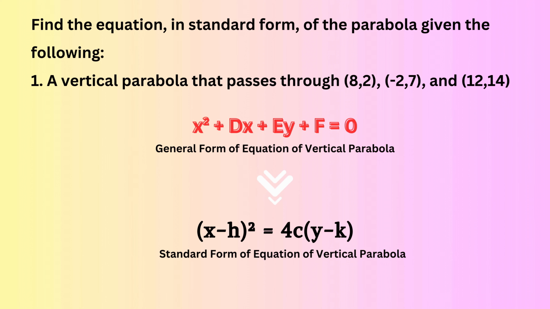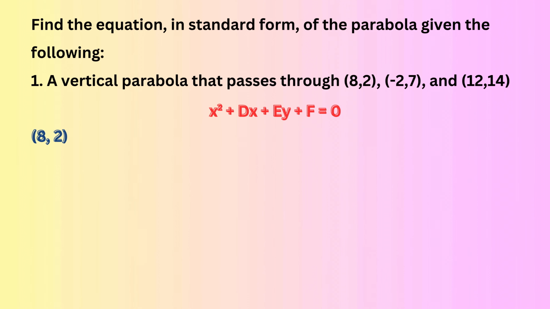So let's try to find the first equation using the point 8, 2. Substituting into our general form of equation of a vertical parabola, with x equals 8, and y equals 2, we will have 8 squared, plus d times 8, plus e times 2, plus f, equals 0.